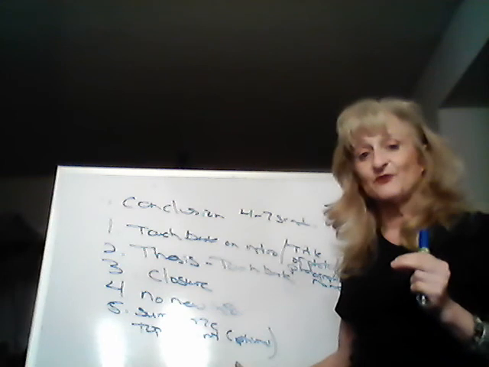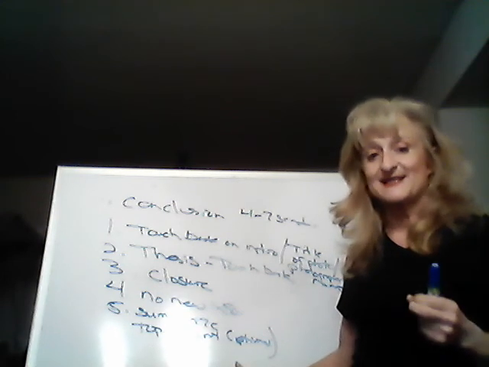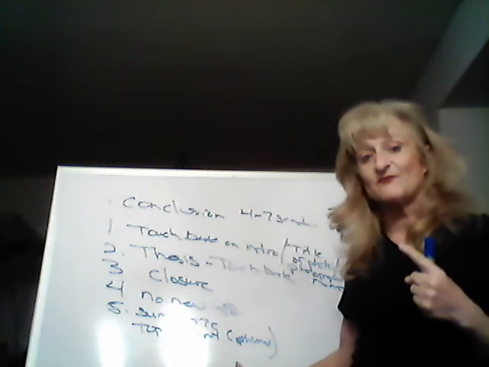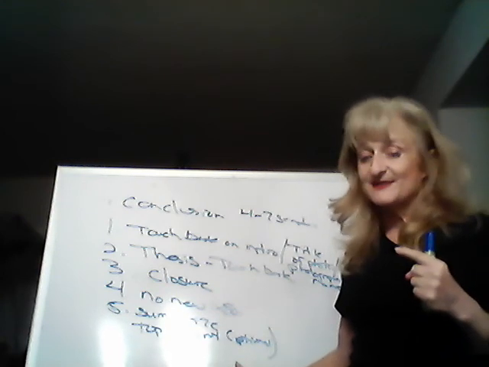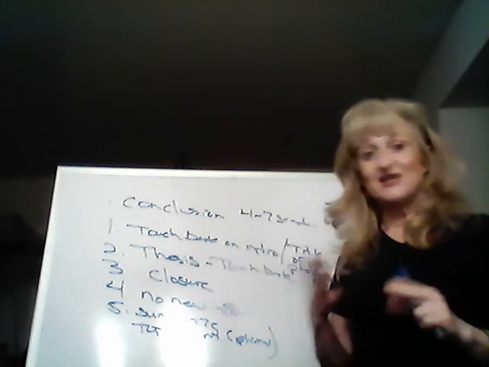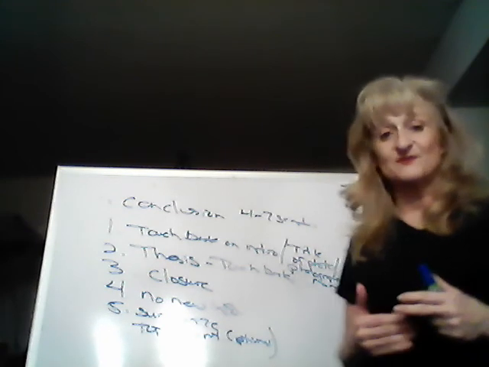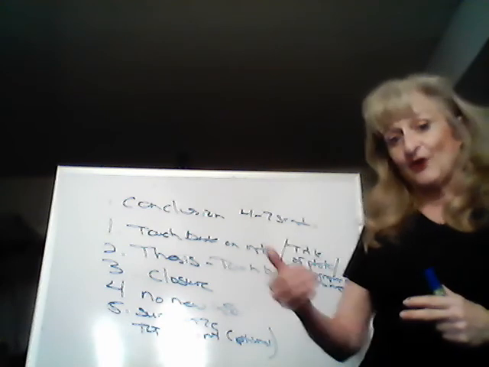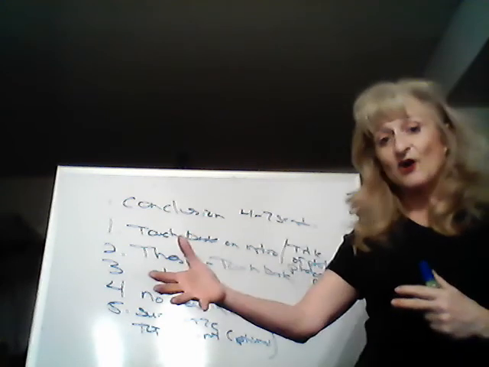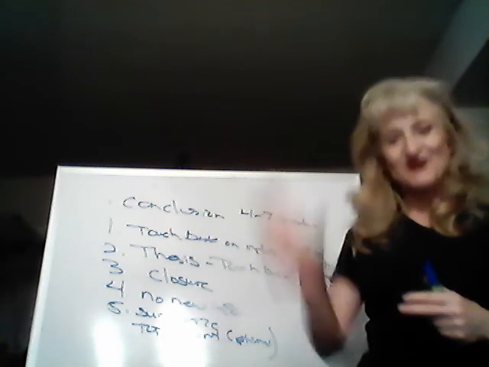I'm not looking for you to do it in every body paragraph. You can, if that's how it works out, but I'm just looking for one. You're not going to argue for them, so you're not going to switch gears and argue against your thesis. Don't do that. You have to support your thesis, but you can say, some would argue that, whatever their argument is, and then say however, and then do your however.